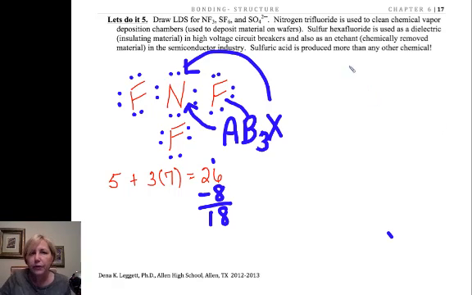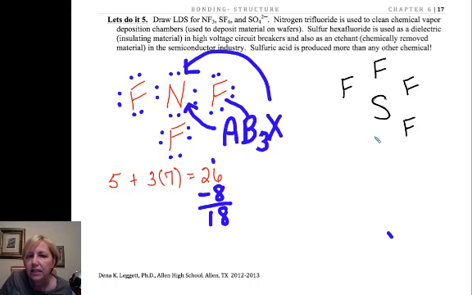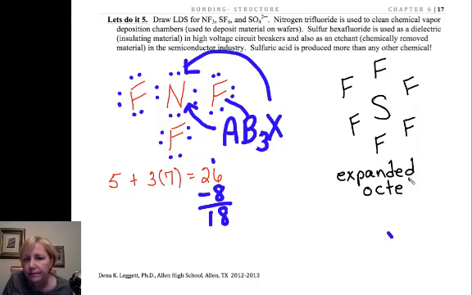All right, let's do another one. We've got SF6. Now, sulfur has to be the center, so sulfur is my central atom. There are 6 fluorines around this. We're going to, quote unquote, violate the octet rule. This is sometimes called an expanded octet.